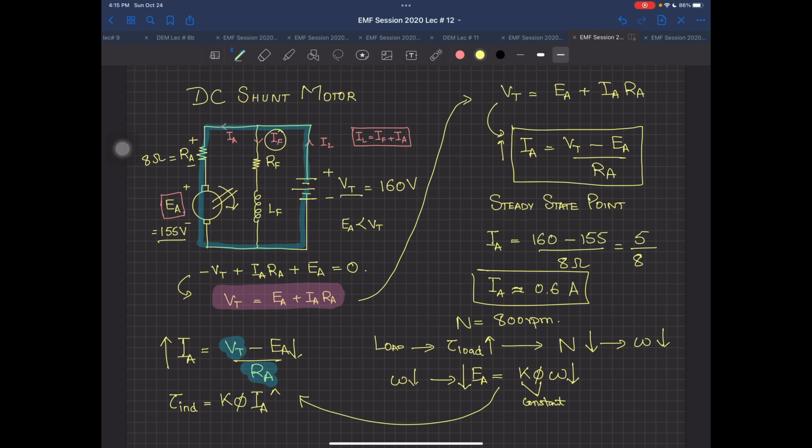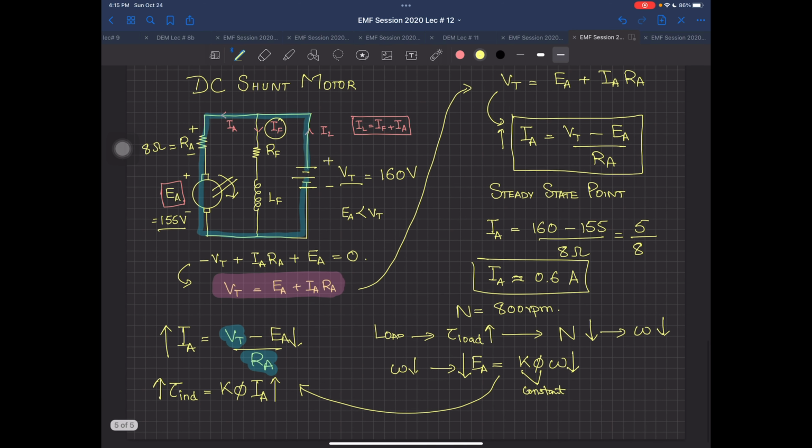So when IA is increasing, your torque will increase, and it will continue to increase until your induced torque becomes equal to your load torque, which is the demand. Because the torque demand of the load was increased, this equation will be satisfied, and the machine will then work at a constant N where this condition is met.